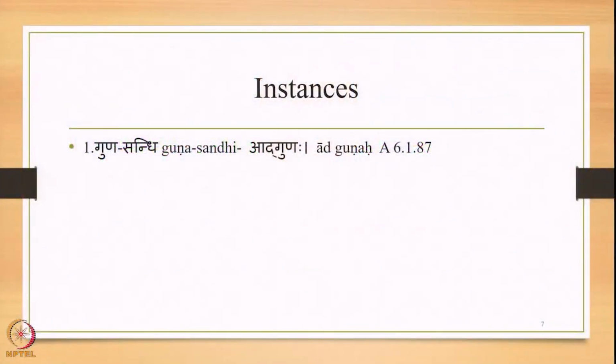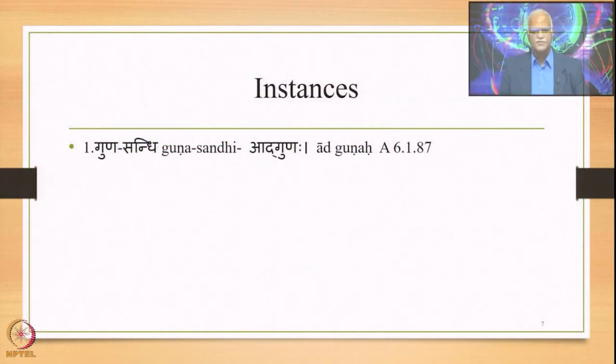Now coming back to the instances of dvisthanika ekadesha, we note that there are 5 such instances. First one being guna sandhi, stated by the sutra ad gunaha. This is 6.1.87. We have already studied this in detail in the previous lectures.